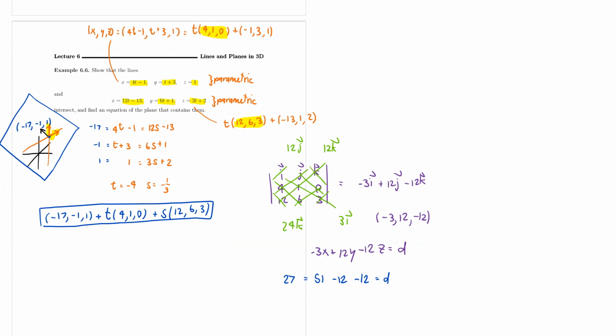Okay, so this is what I'm gonna get. In the end, the equation for my plane is going to be negative 3x plus 12y minus 12z equals 27. I can divide by 3 on both sides, so what I'm gonna get is negative x plus 4y minus 4z equals 9. So here is my other form for the equation of this plane.